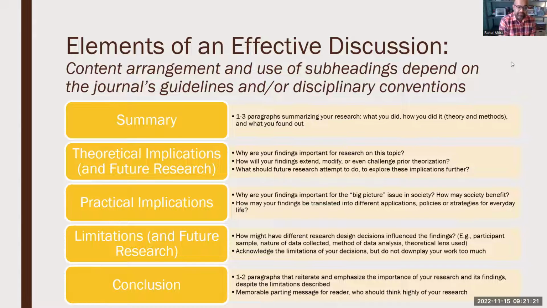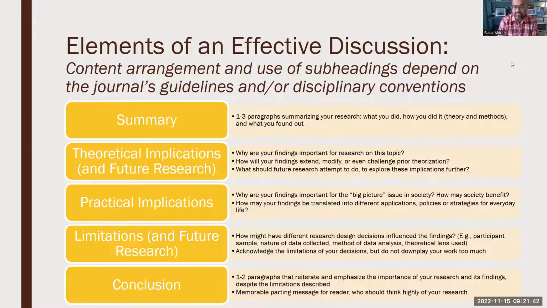The next subsection, the practical implications subsection, is actually quite similar in terms of thinking about the big picture issue. But this time, the big picture issue tends to be for practice or for social everyday policies or situations, right?